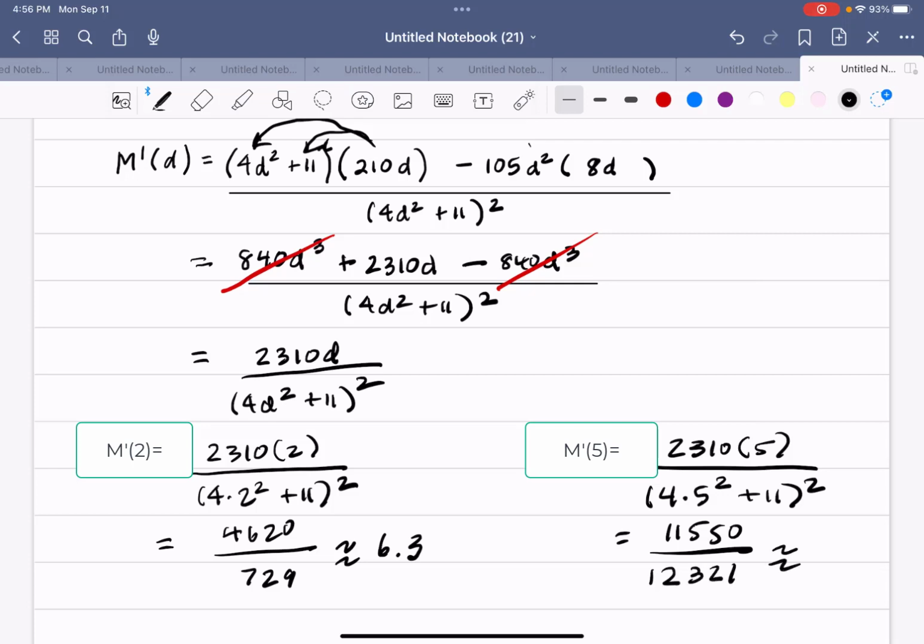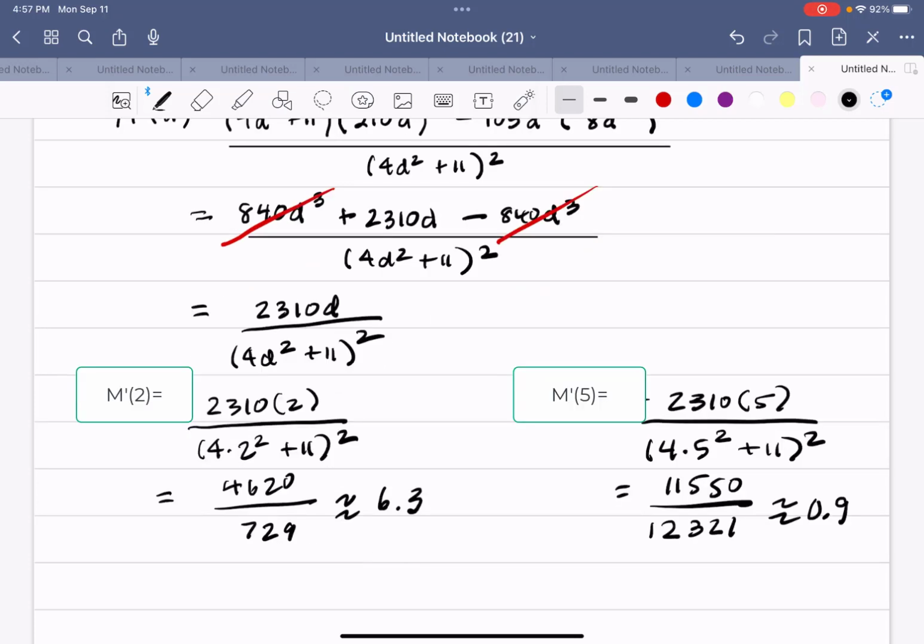To one decimal place, 11,550 divided by 12,321 is 0.9. So it's 6.3 more bicycles after 2 days and only 0.9 after 5 days.